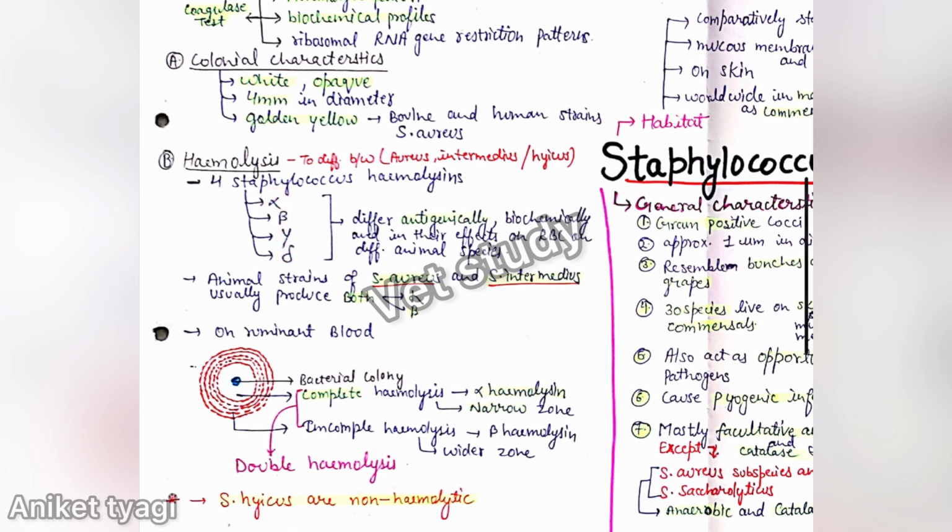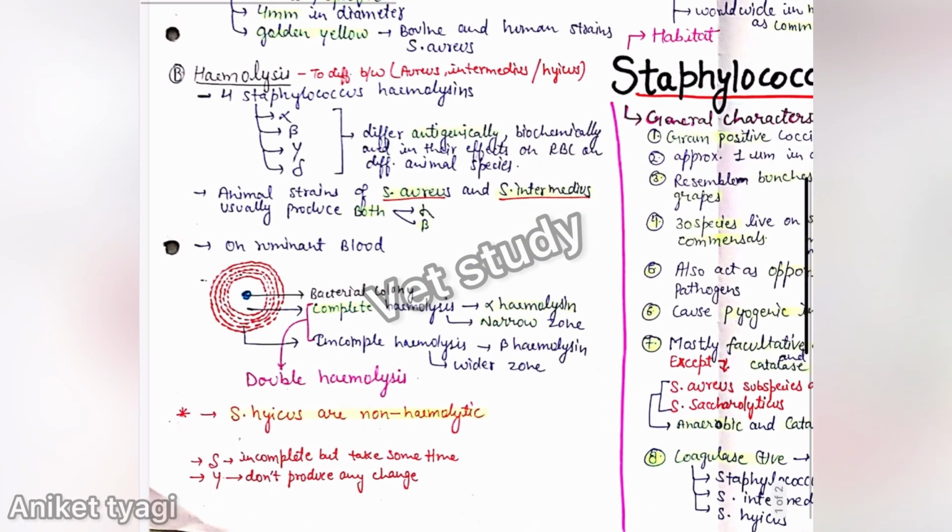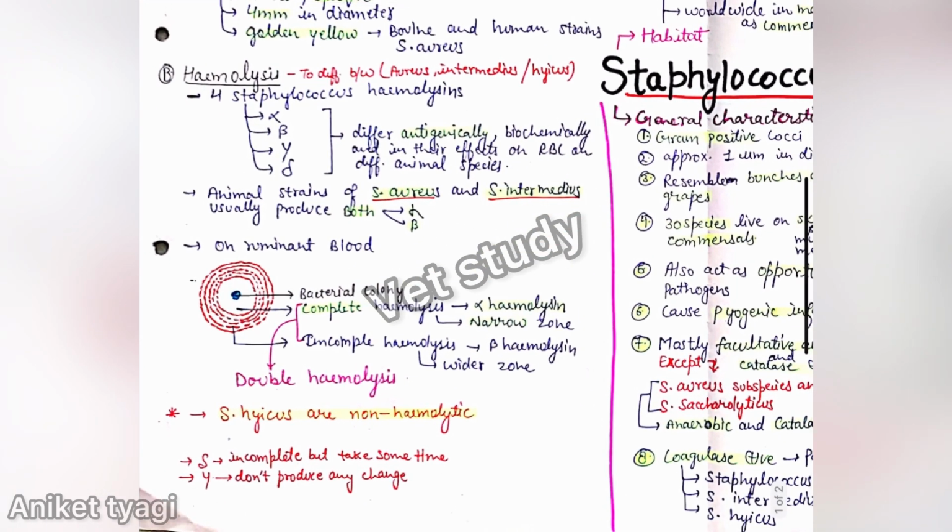These toxins are different antigenically, biochemically, and in their effect on the RBCs of different animal species, and on the basis of them we can differentiate different species. Like the animal strain Staphylococcus intermedius usually produces both alpha and beta toxin, so we will discuss what actually hemolysis is.